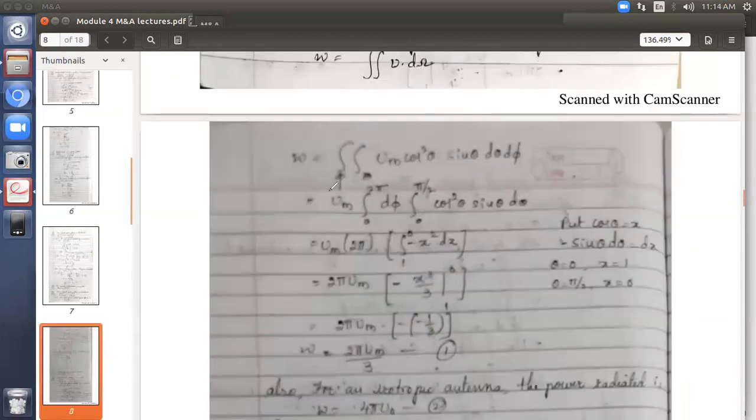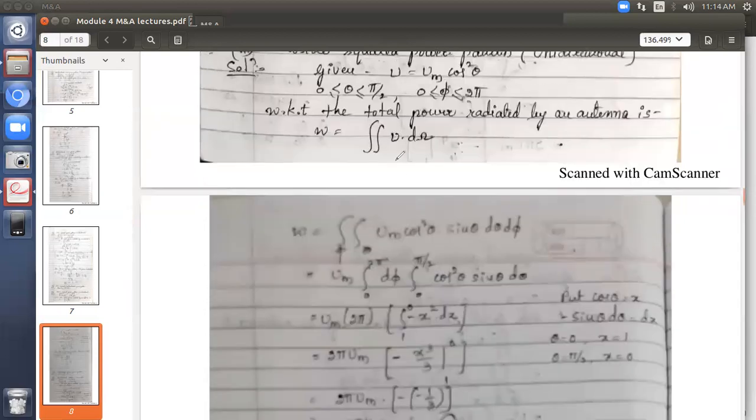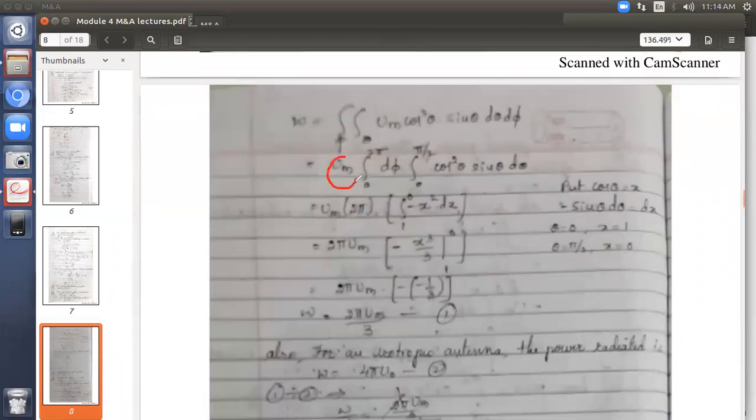It is looking a bit blurred. Apply the values. U is Um cos square theta, d omega is sin theta d theta, and for phi it is d phi. Okay. Now I have clubbed all the phi terms at one and theta terms at the other.